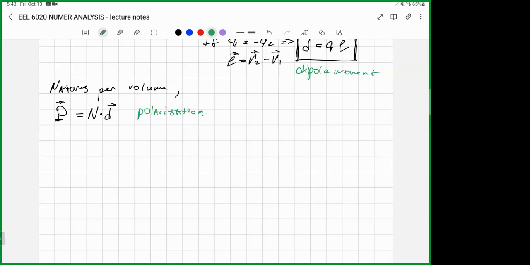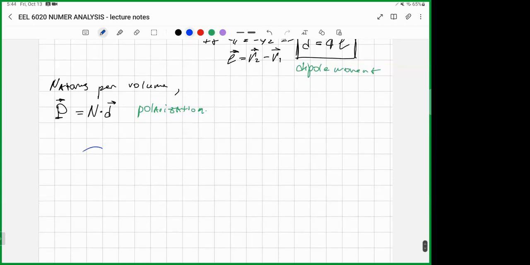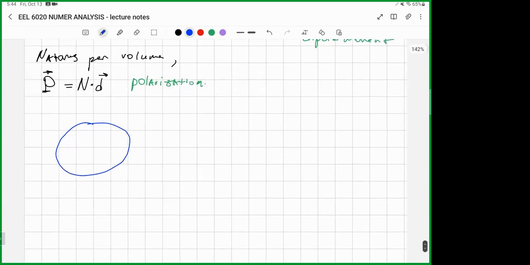Let us connect now the polarization with the density of bound charges. To do so, let us consider an arbitrary volume of some material, a dielectric, of course, and the material is immersed in the electric field.